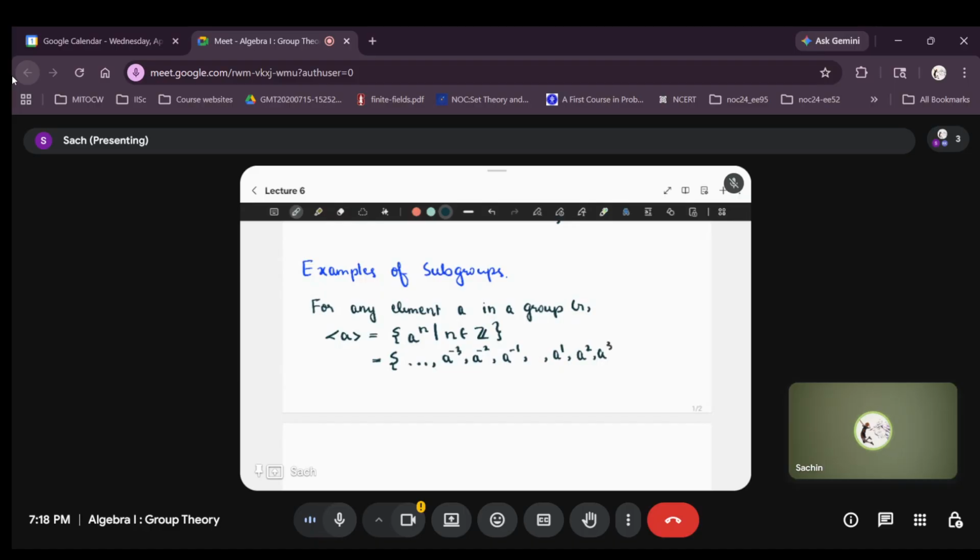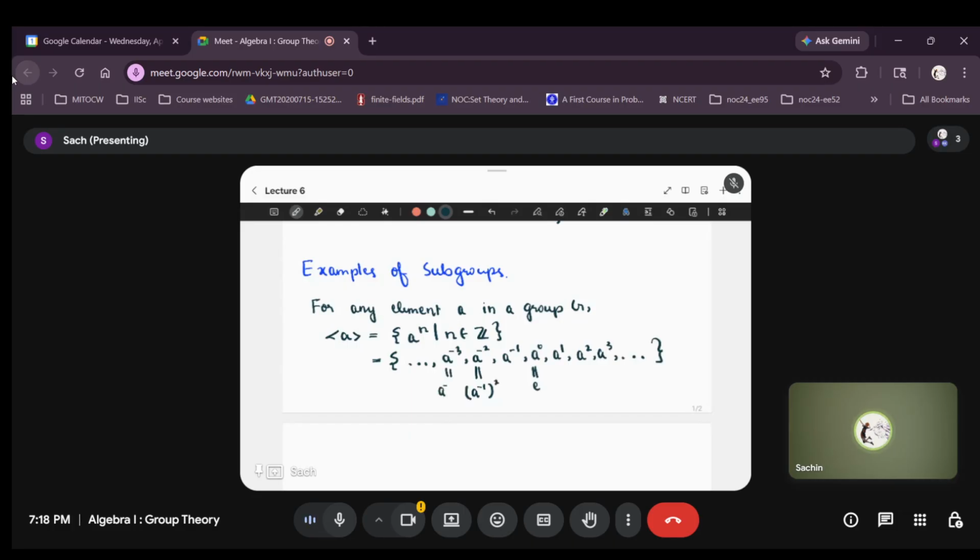So this is A power 0, which is the identity. A power 0, we define it to be the identity, and by A power minus 1 we mean simply A inverse. A power minus 2 is actually A inverse square.